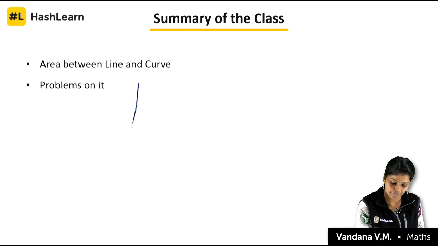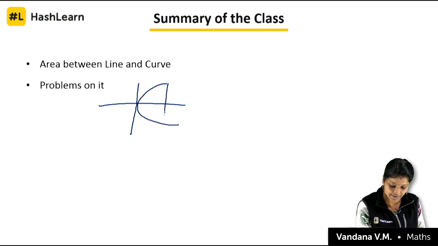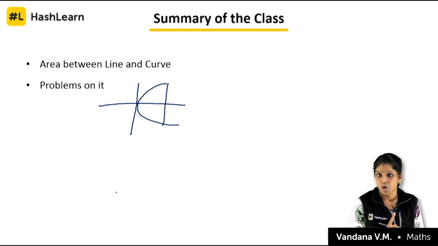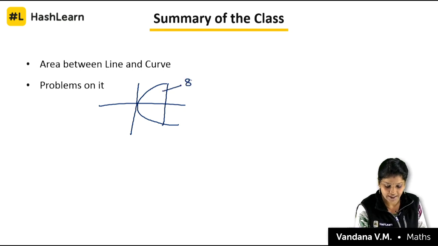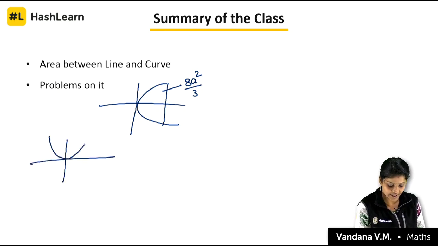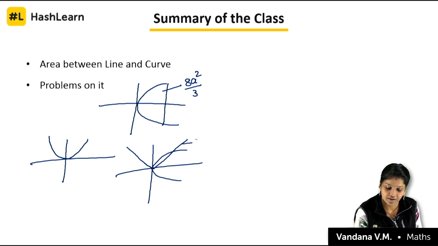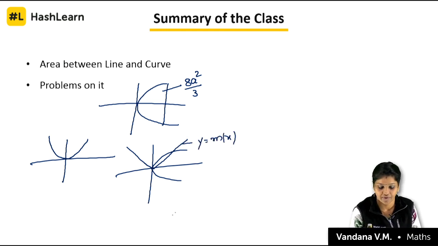So, what are they? Again and again I am telling, with the parabola, latus rectum, meaning the slope will not come, so that is 8a square by 3. Parabola with the line, here the line equation is y is equal to mx or mod x, however it is.